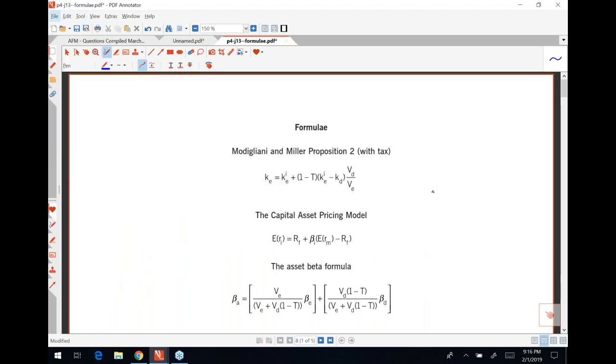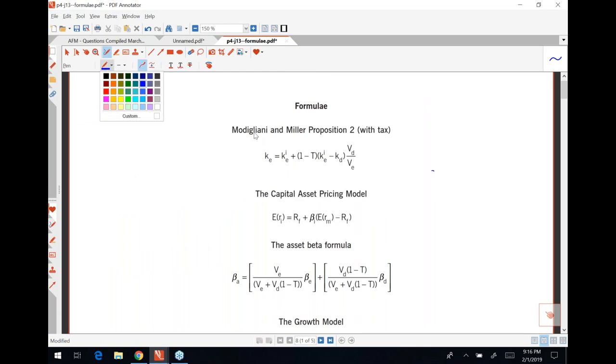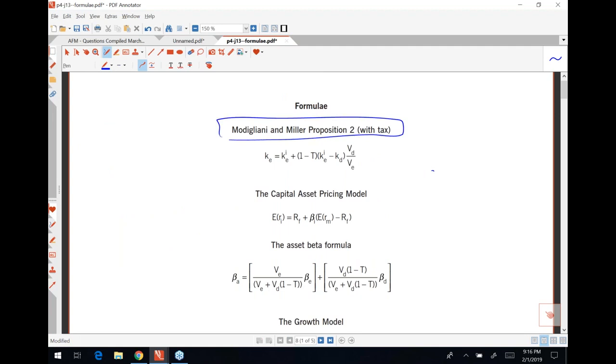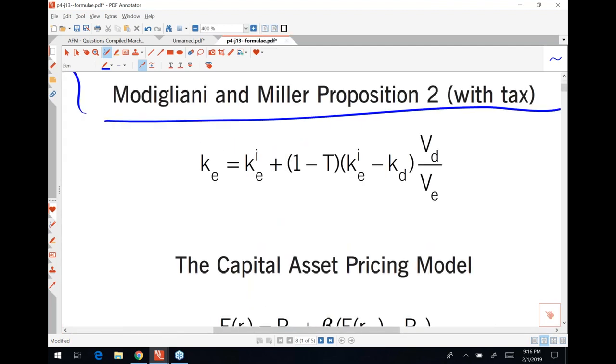Now let's see. On this specific formula sheet, you have got this MM2 formula, which is basically Ke = Keu + (1 - T) ... etc. Now, what exactly do we mean by this?